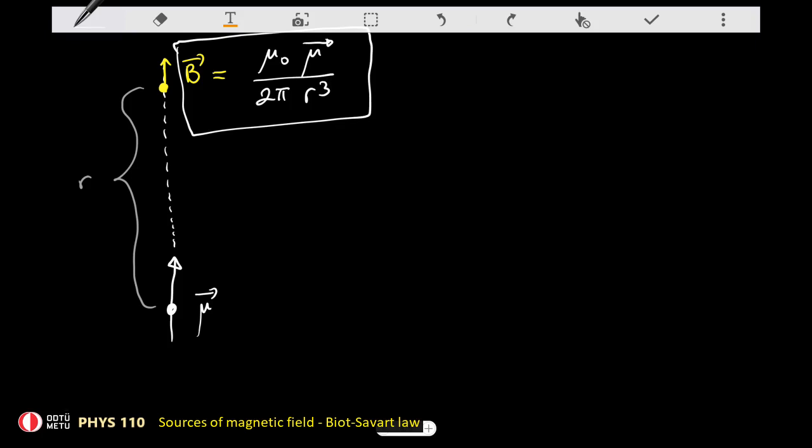I actually didn't show this, because we just did this calculation for a circular current loop. But I expect you to be convinced that this depends only on the dipole moment, and even for a very complicated charge distribution, this result is going to be true.